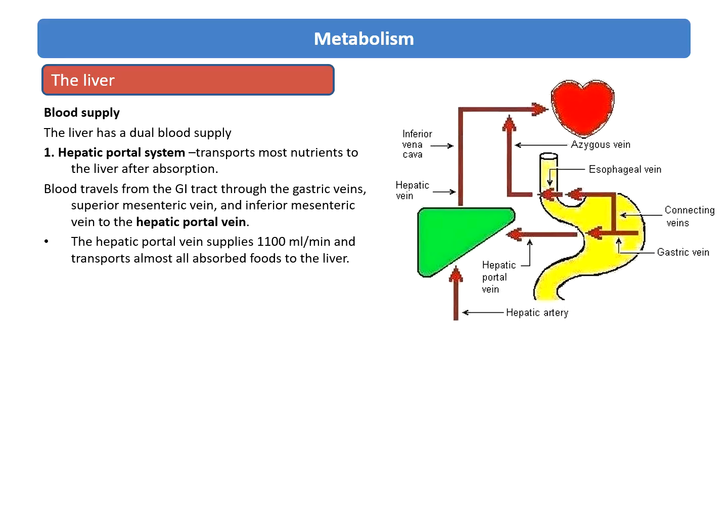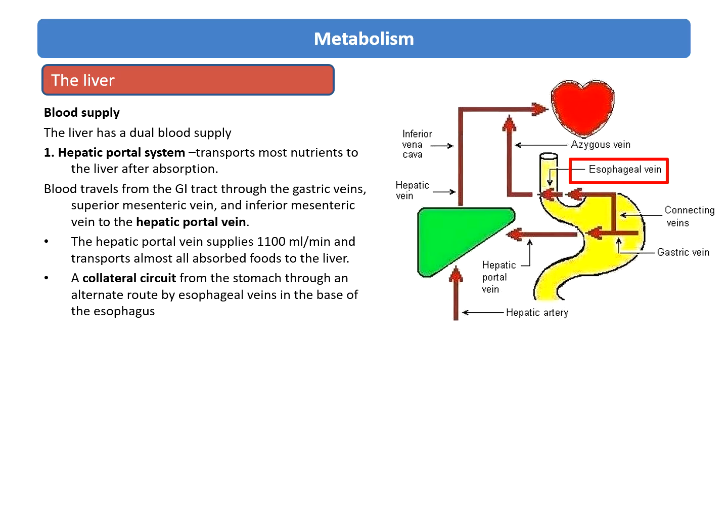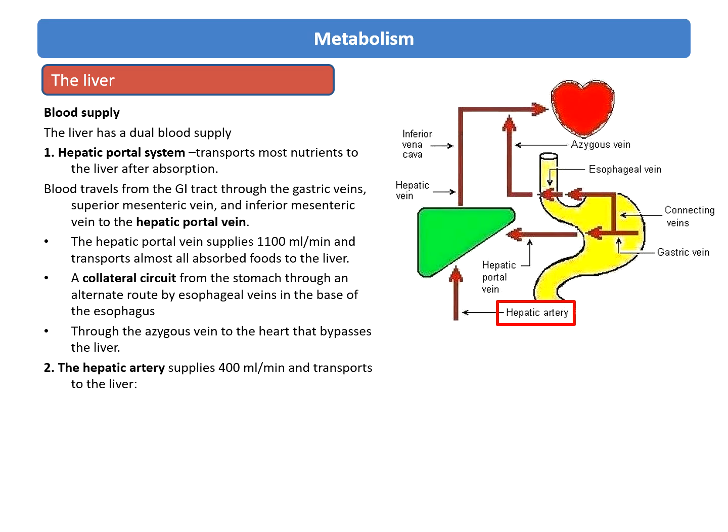The hepatic portal vein supplies roughly 1,100 milliliters a minute and transports, as we said, almost all of the absorbed nutrients. There is a collateral circuit. From the stomach, it passes through various veins to the base of the esophagus and then by way of the azygous vein to the heart. Eventually, that circuit of blood returns to the liver through the hepatic artery.